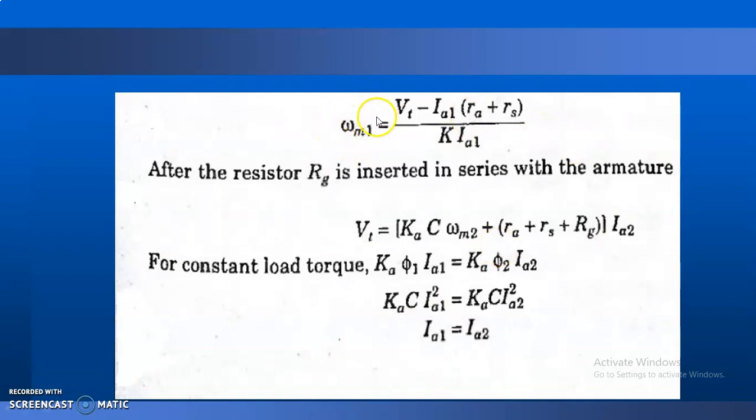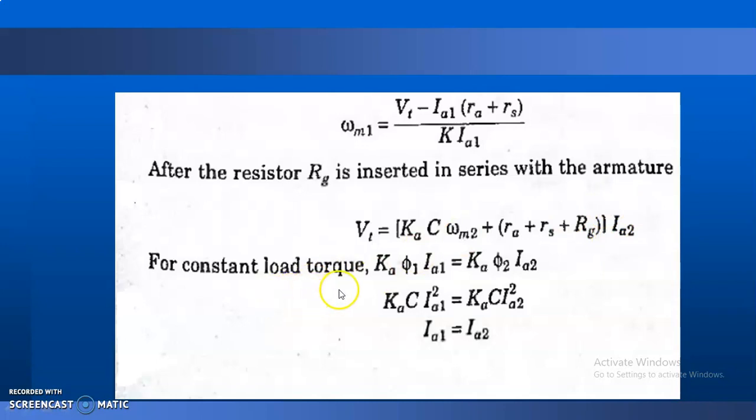If we equate for the first field, (Vt - Ia Ra), that is the first-time back EMF, divided by Ka phi. Actually phi is proportional to Ia, so phi = K Ia, where K is another constant here. After inserting this value, for the terminal voltage we add the Rg resistance, and the second current value Ia2.